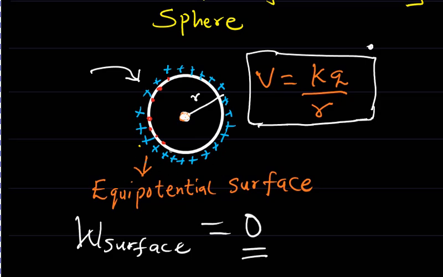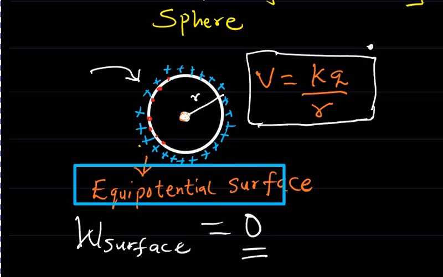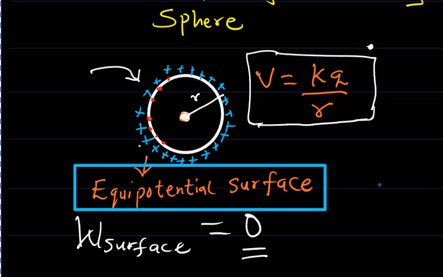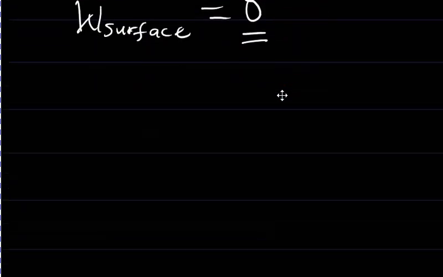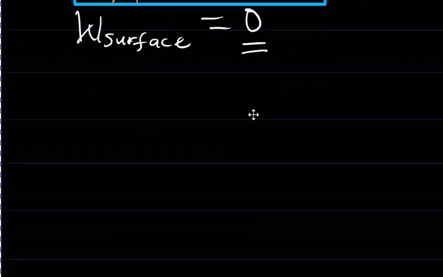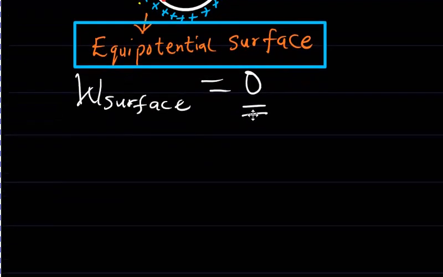Please take note of this. I just illustrated this term, equipotential surface, which is a surface of equal potential. Now, what happens to the electric field enclosed by a surface? Please take note of this. The electric field inside the surface of a sphere is always equal to 0.